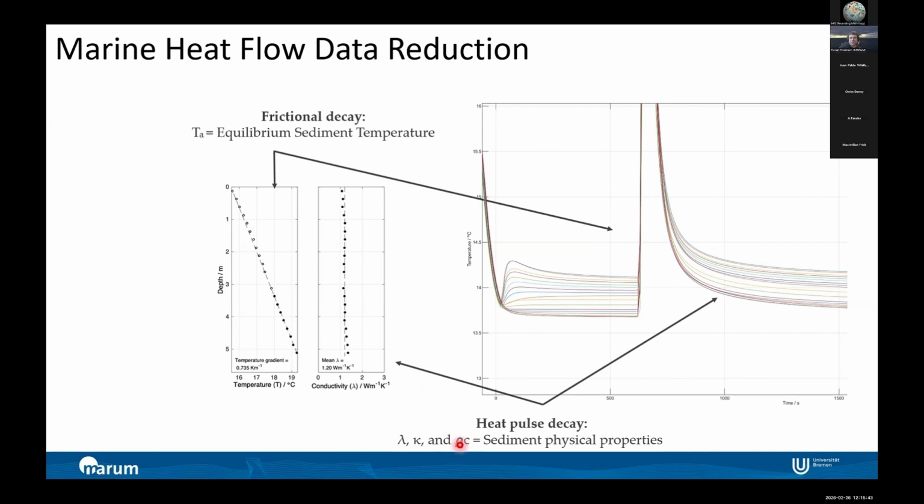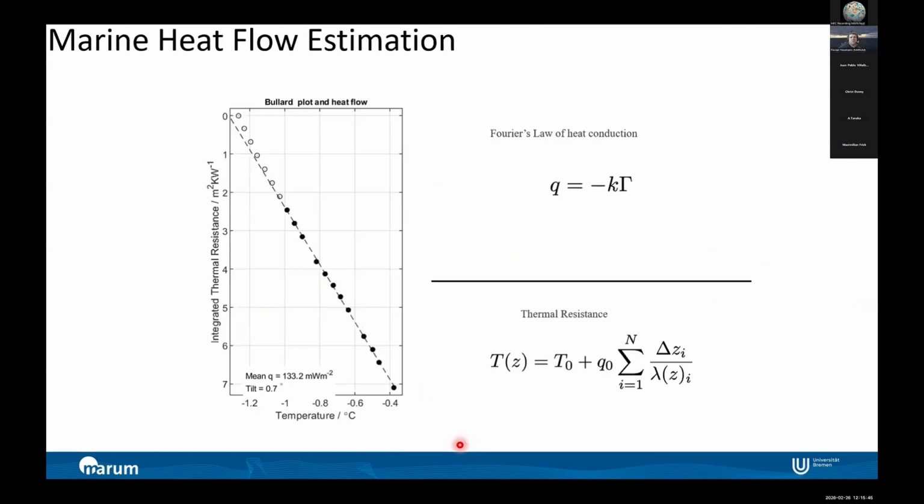So now we have both, and we can do, using Fourier's law, or what is usually used is just the thermal resistance against the temperature, also called Bullard plot, for heat flow, where the regression line is then our heat flow.